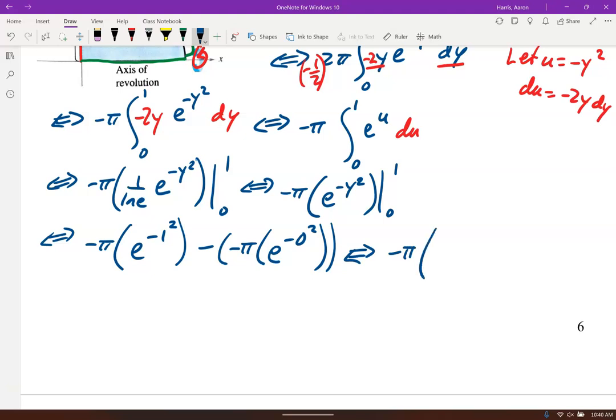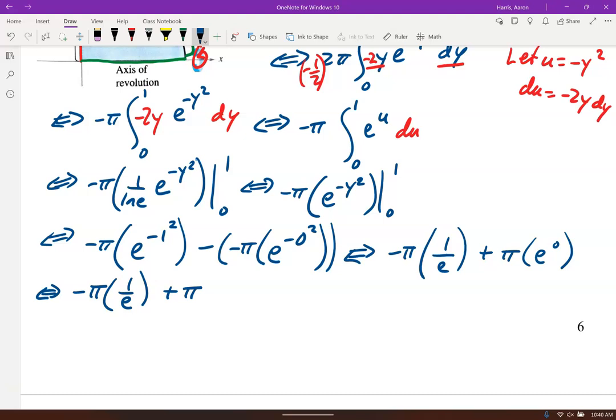So I got e to the negative 1, so that's 1 over e to the 1. I got a plus pi, and notice I have that as times e to the 0. Well, e to the 0 is just 1, right? So I got negative pi 1 over e plus pi times 1.